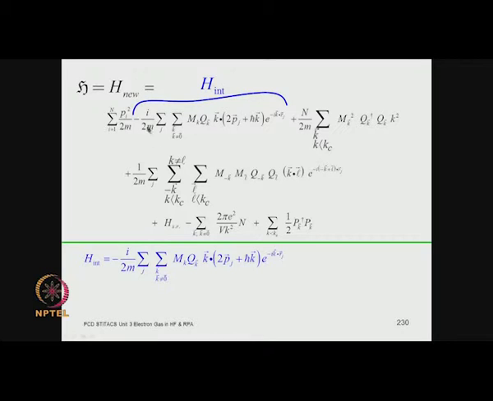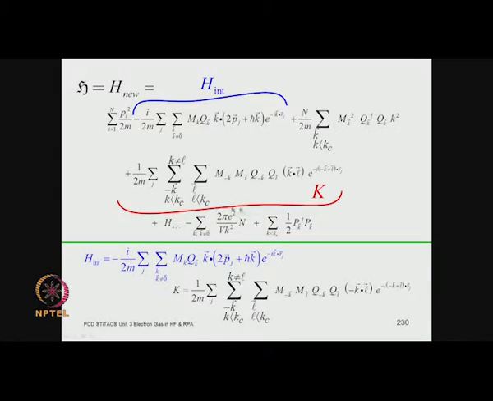This is what I will write as a certain interaction, which is part of the new Hamiltonian under the unitary transformation. We have arrived at a new representation of the Hamiltonian. So, this term is what we will write as H interaction, and this term over here as K. These are just some bookkeeping devices so that we can discuss these terms separately.